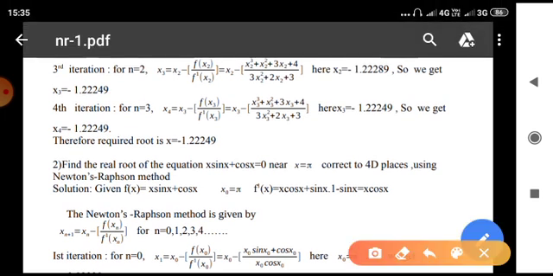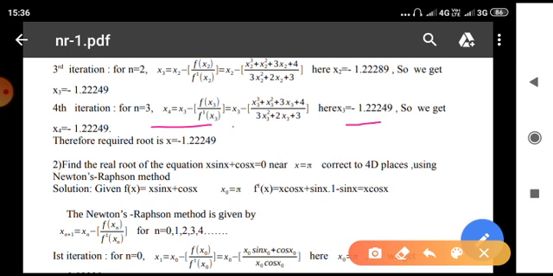So the fourth iteration is given by, for n equal to 3, x4 equal to x3 minus f of x3 divided by f dash of x3. So it is x3 minus (x3 cube plus x3 square plus 3x3 plus 4) whole divided by (3x3 square plus 2x3 plus 3), and we know that x3 is minus 1.22249.